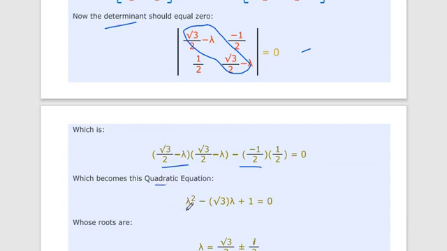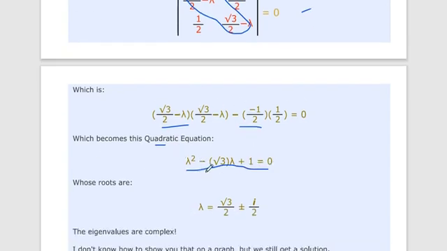Okay, if we solve this equation, it becomes lambda square minus root 3 lambda plus 1.